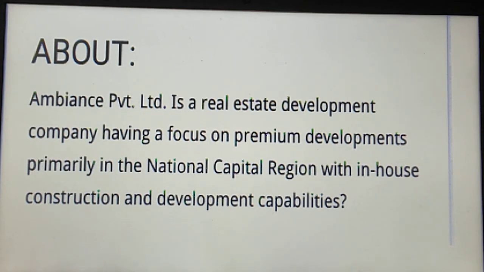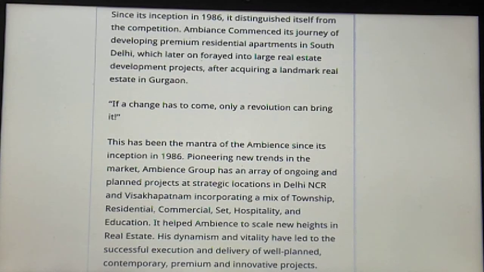You have to add it here. Similarly, you have to write about this Ambience Mall in this manner. Here you have to mention the year in which it commenced its journey and what its future plans and programs are.